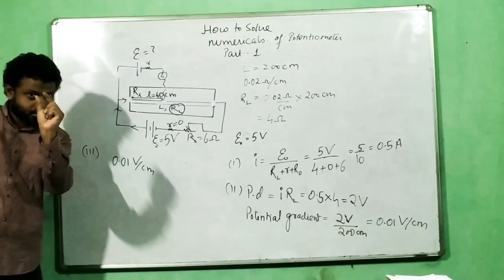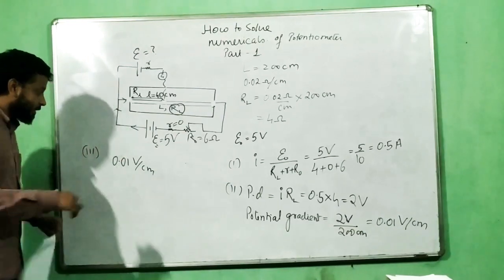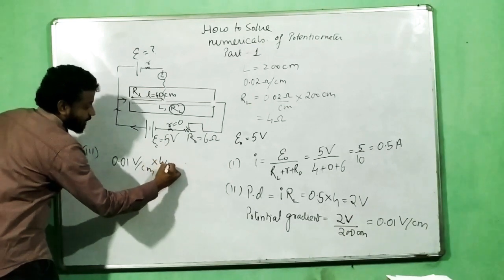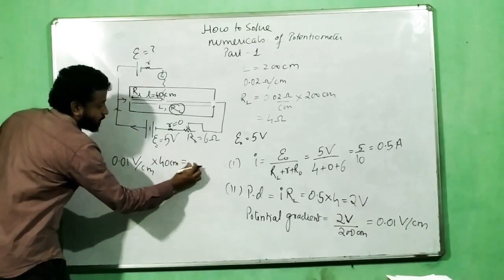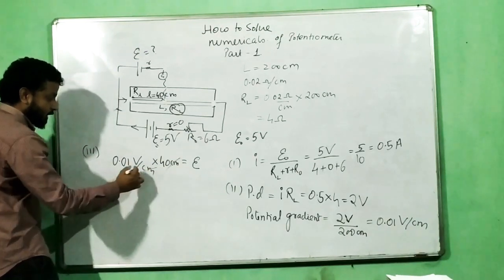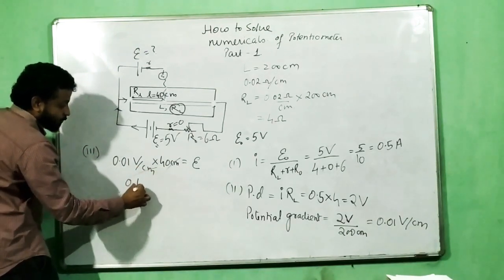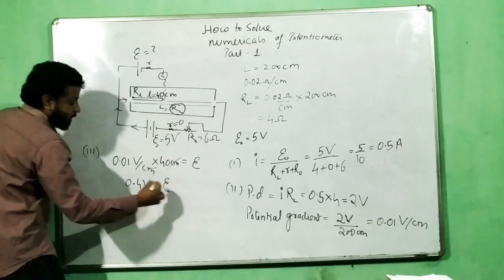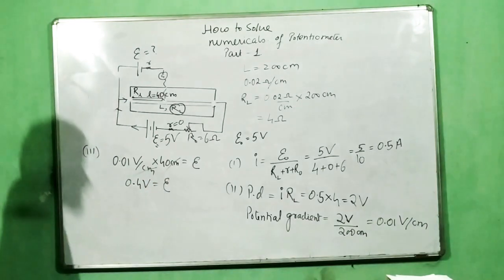So 0.01 multiplied by 40 centimeter is equal to the EMF which can be balanced. Centimeter goes out, and this will give you 0.4 volt can be balanced over a length of 40 centimeter.